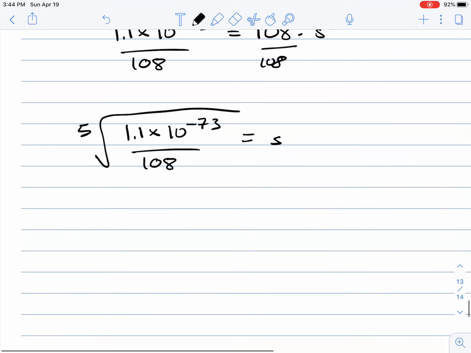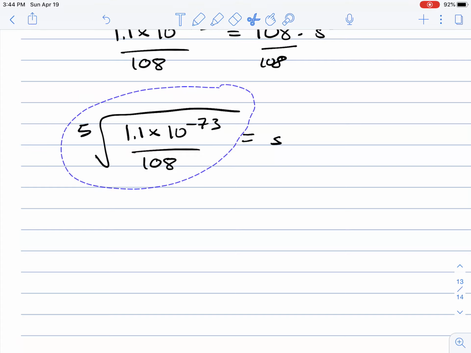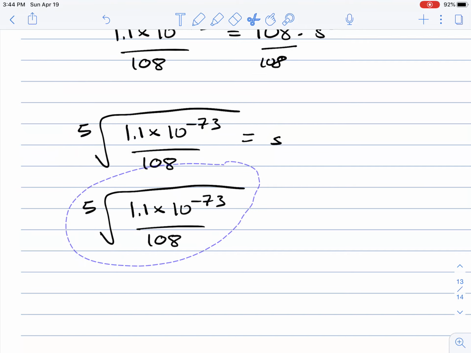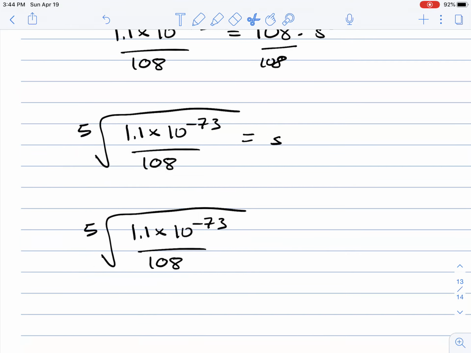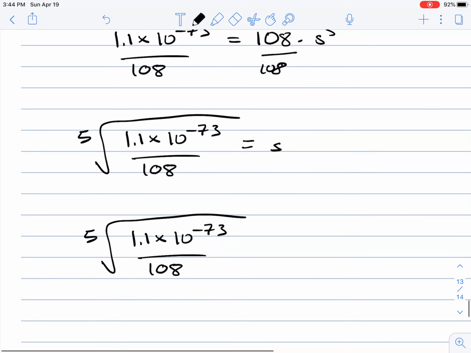Now, you guys may not have a 5th root function in your calculator. Maybe you do, depending on your scientific calculator. But another way for you guys to represent the 5th root is this, and it works for any root: 5th root, 9th root, 10th root, 13th root, whatever.